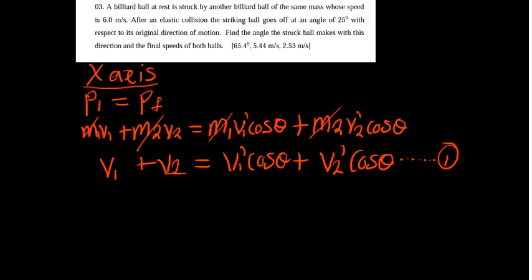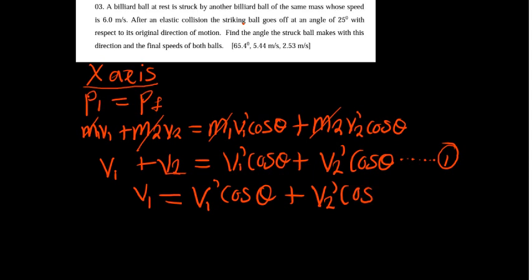All right, so from our equation 1 we can simplify it further and say, since the initial velocity for the second ball was 0, v1 is equal to v1 final cos theta plus v2 final cos theta.